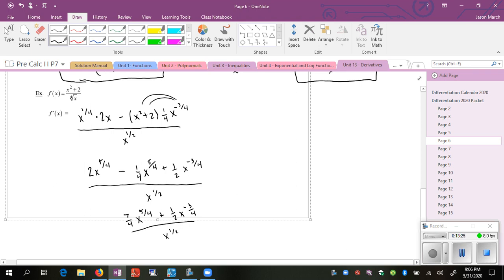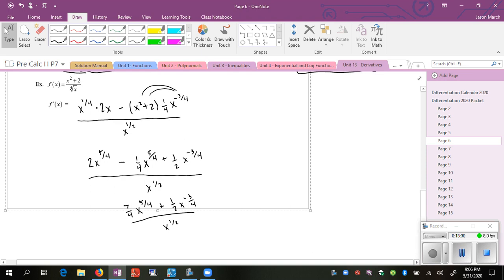I could just divide both of these by x to the 1/2, or subtract a half from each of the exponents, and give me a final answer of perhaps 7/4 x to the 3/4 plus a half x to the negative 5/4. And that was just subtracting a half from this and a half from this. So we could call that our final answer.